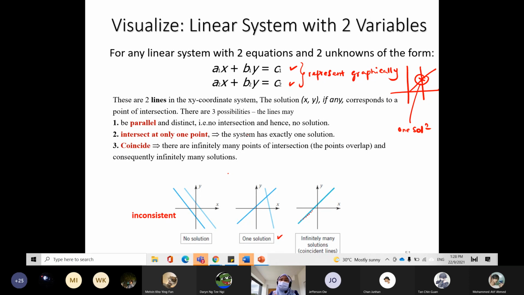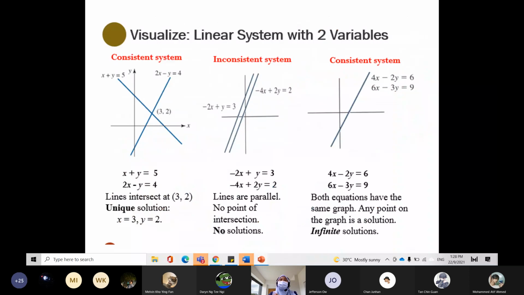Every point on the graph is equivalent to a solution. So this is how, from the linear equations that you have, we want to see how many possibilities of solution we have. We try to represent it graphically. Okay, so let's say you have a linear system with two variables.